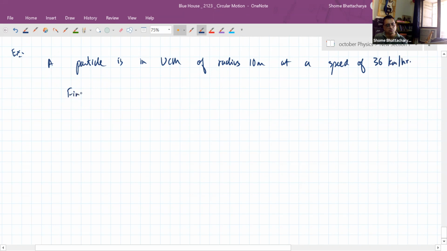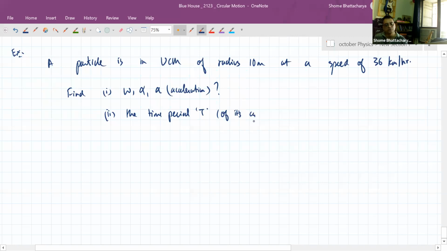Find its angular speed, its angular acceleration, and centripetal acceleration. Find the time period of its cyclical motion.